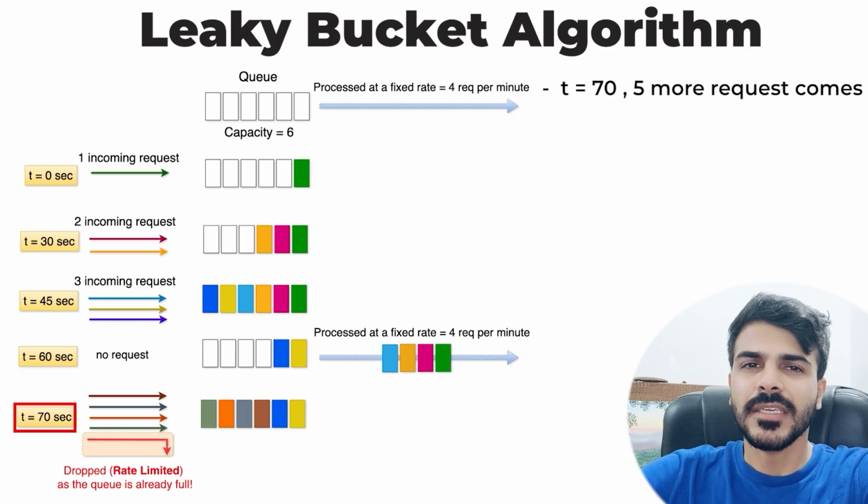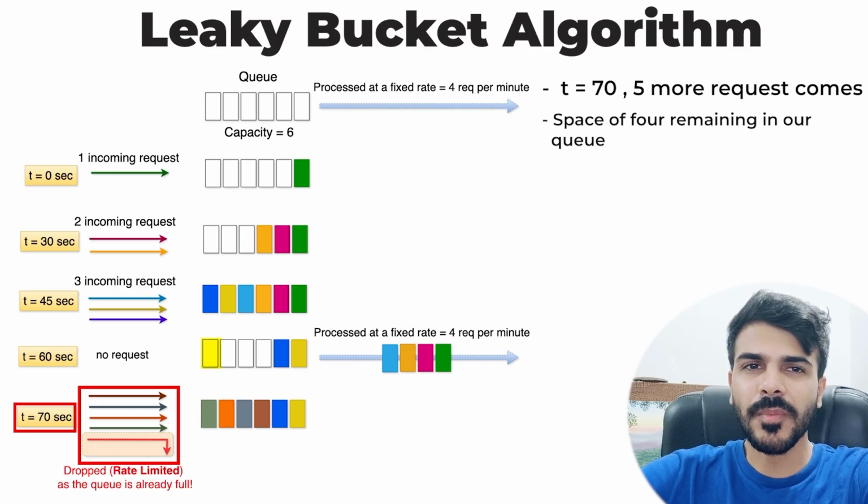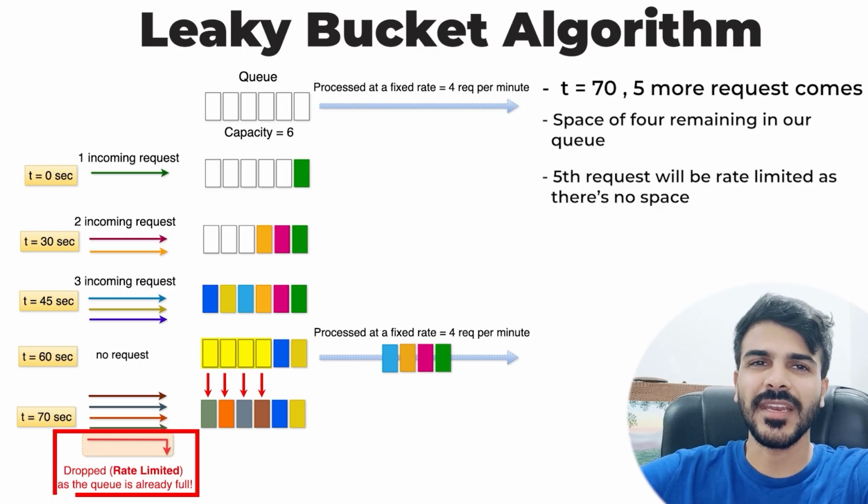Now let's say at t equal to 70 seconds, we have 5 more incoming requests. Now, we have a space of 4 remaining in our queue. So 4 requests could be added to our queue, and therefore they get added. The fifth request has no space in our queue, and therefore it would be rate limited.